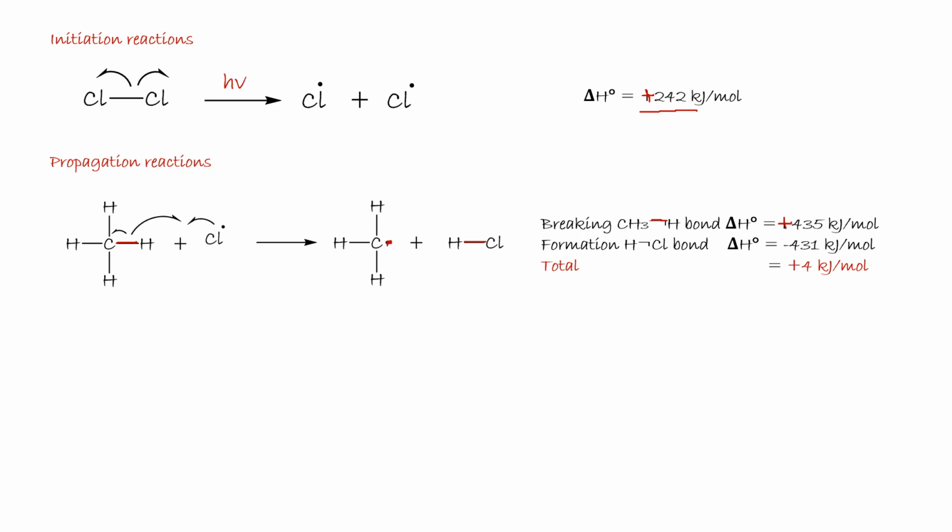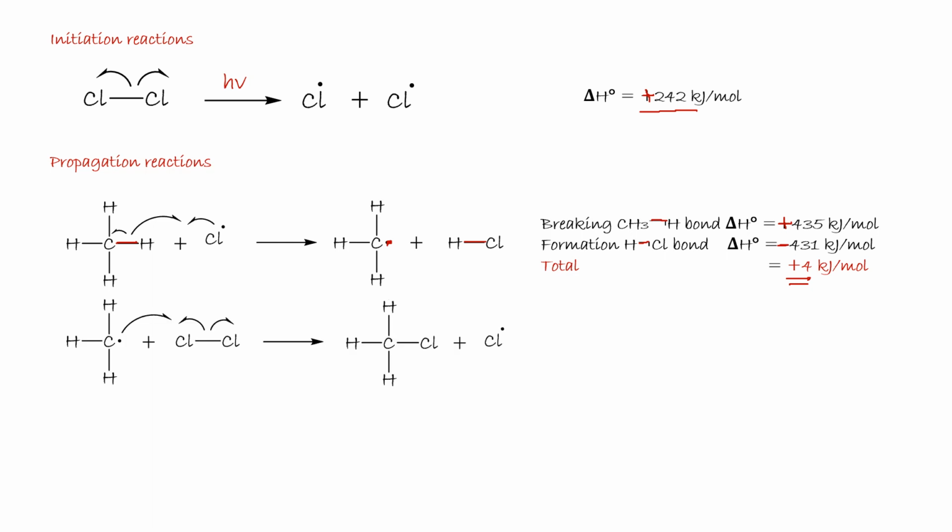And here we form HCl, which gives out energy, that's minus 431 kilojoule. So for this step to occur, we need to give the system plus 4 kilojoule per mole. Only 4 kilojoule, all right?